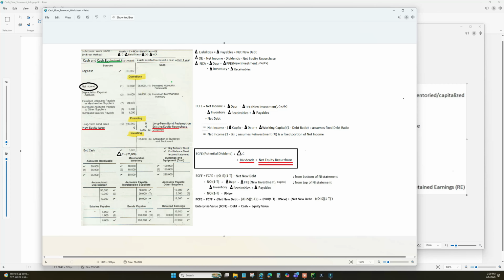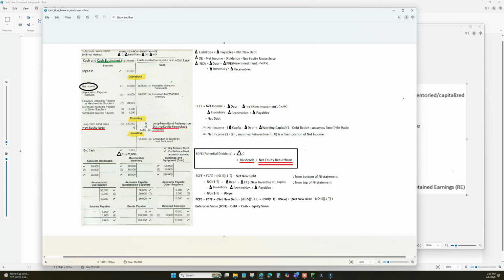You start with beginning cash, and then in operations you list the net income, which is assumed to come primarily from operations. Then you list the sources based on the formula up here. Depreciation is considered an operating cash flow that you add back in because it's not a real cash outflow.